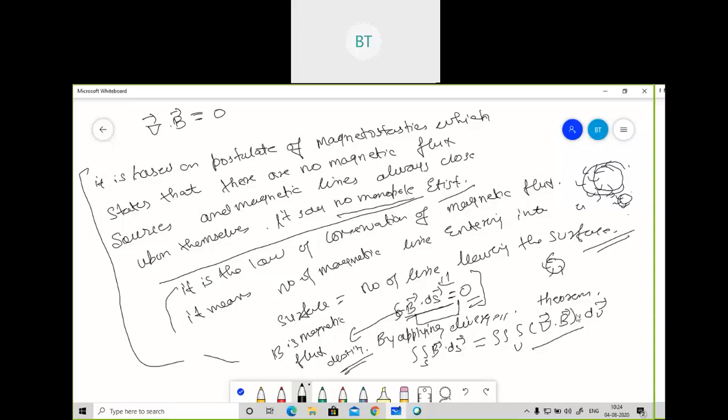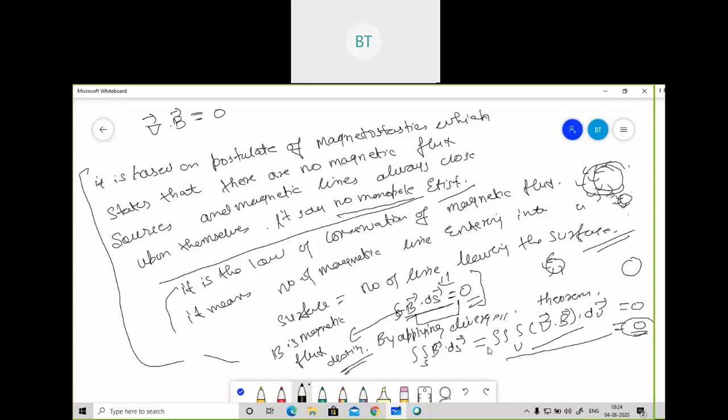After the conversion, this surface equation we have converted to a volume integral, and this will be equal to zero because we are talking about the closed loop. And what we have defined about the closed loop is that the number of magnetic lines entering the closed loop will be equal to the number of lines leaving it. So I will equate this to zero.